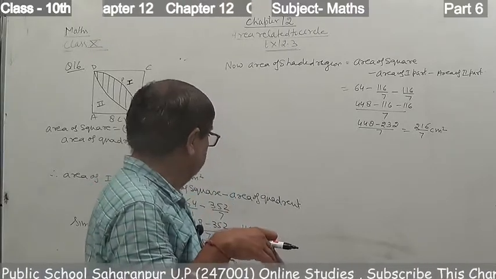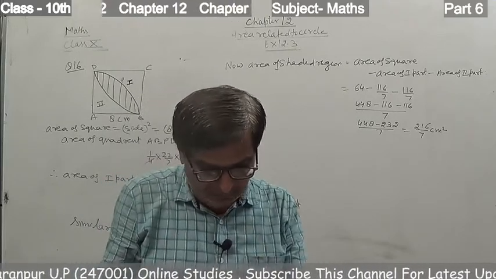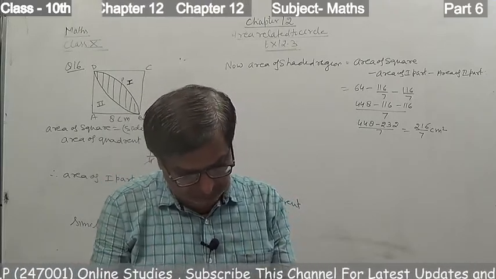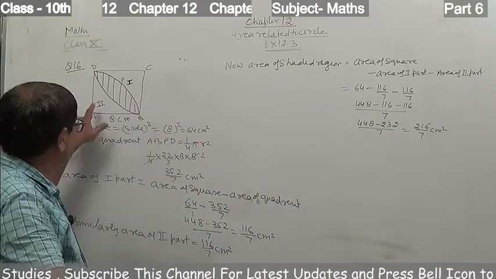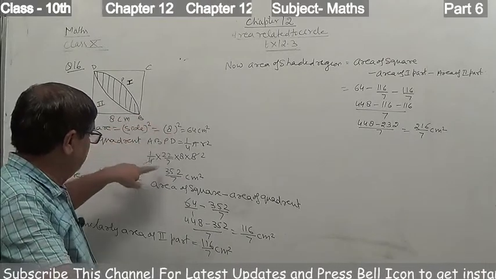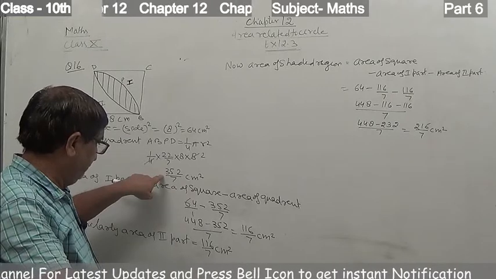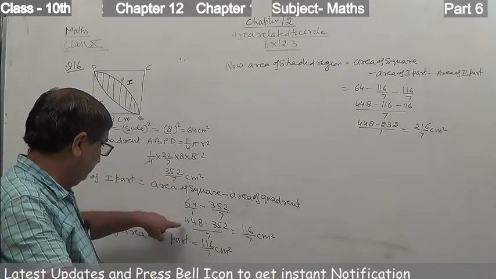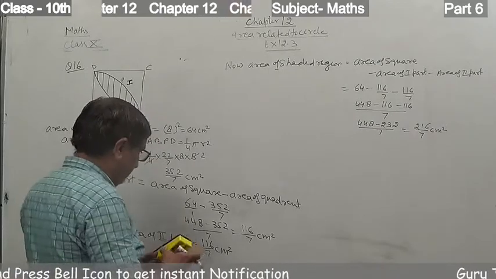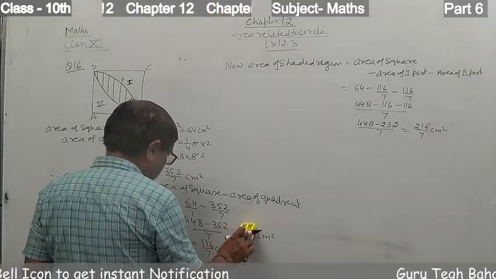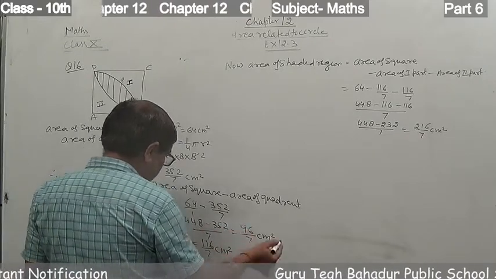Area of square is this one. So, see the calculation, there is some mistake there. 96 upon 7.